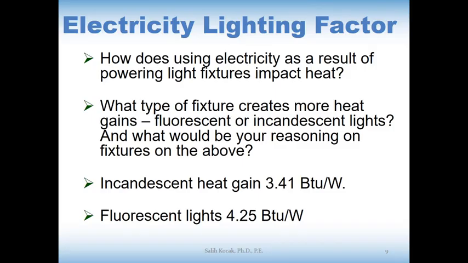So again, we are not factoring the LEDs. We are just looking at the difference between fluorescent and the light bulb here. As you can see from the numbers per watt, bulbs are producing 3.41 and fluorescent light is producing 4.25 BTUs.